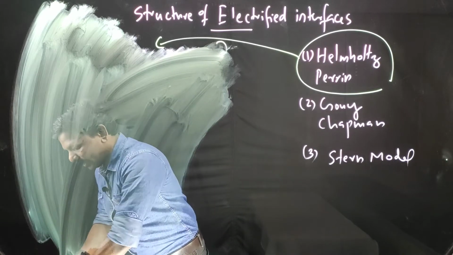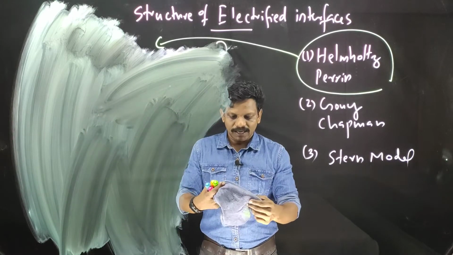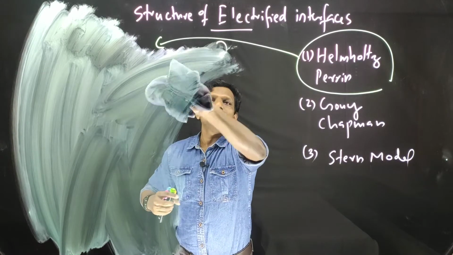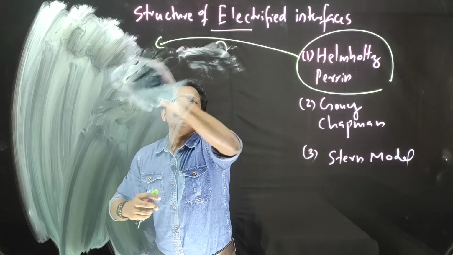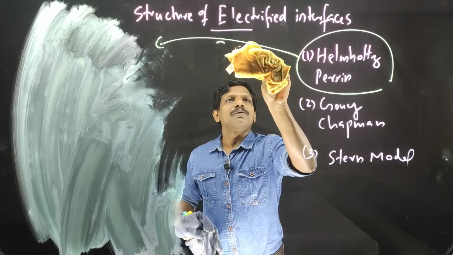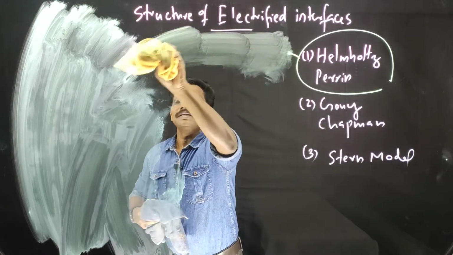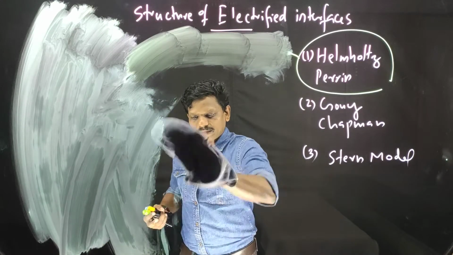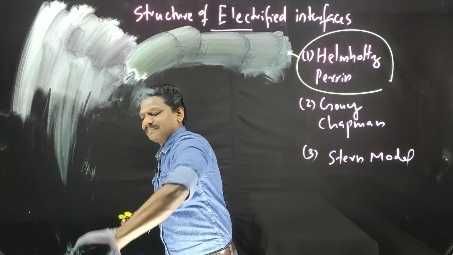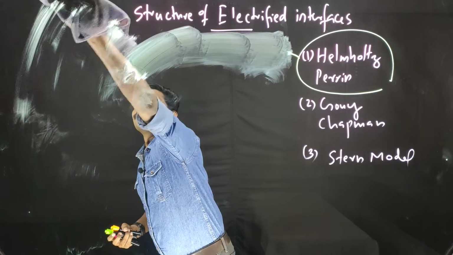So the Gouy Chapman model actually made the model more flexible. The last model, the Helmholtz-Perrin model, was not a flexible model. It is a very rigid model. But in the case of Gouy Chapman, he made it free, that means somewhat flexible.